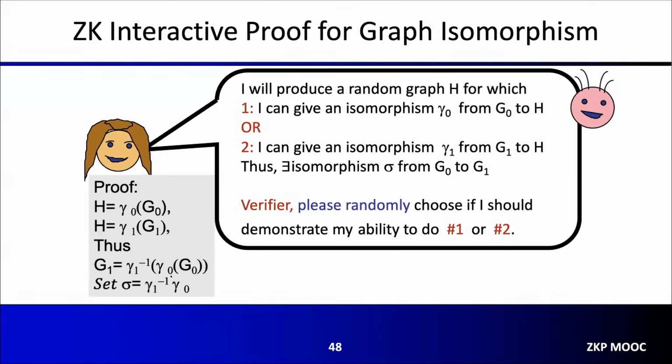But the conclusion is, if indeed I could do both, then there's actually the direct isomorphism from G0 to G1. You see that very quickly here on the side: if H is gamma 0 of G0, an isomorphism from G0, and H is also gamma 1 of G1, an isomorphism from G1, then you could go directly from G0 to G1 by taking gamma 1 inverse of gamma 0, the composition of these 2 isomorphisms. Now, the point is, again, he's not going to do both.